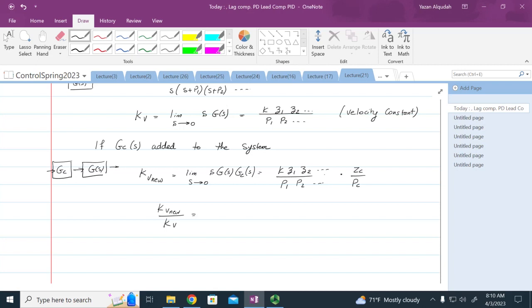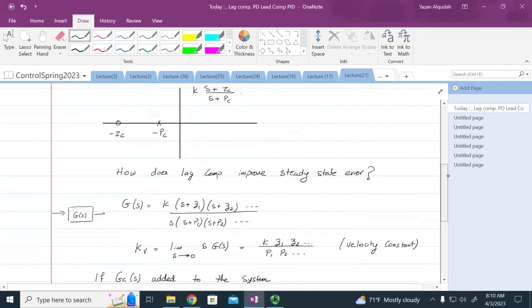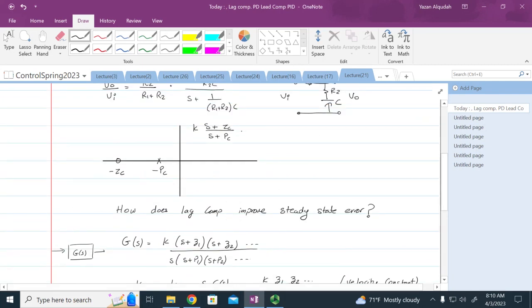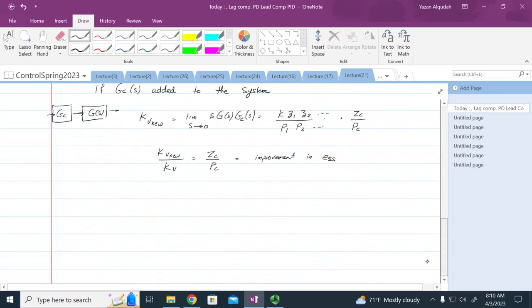The only thing that is going to be left is ZC divided by PC. So this is equal to the improvement in the steady state error. And of course, ZC over PC is greater than 1 by choice, because we choose ZC to be greater than PC. Okay.